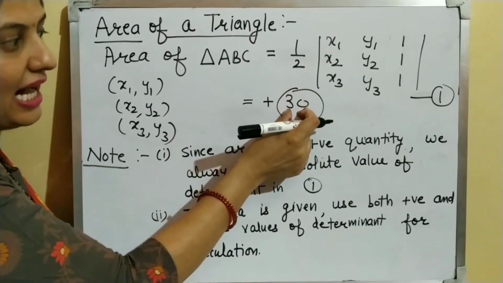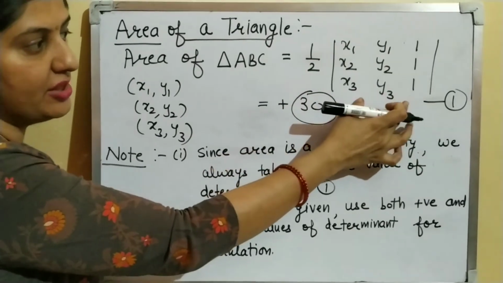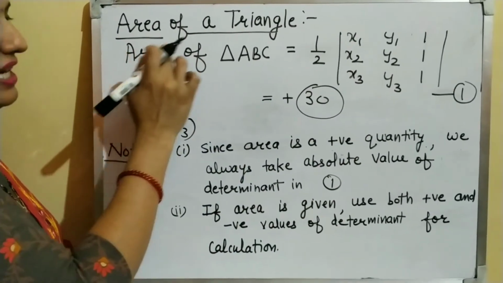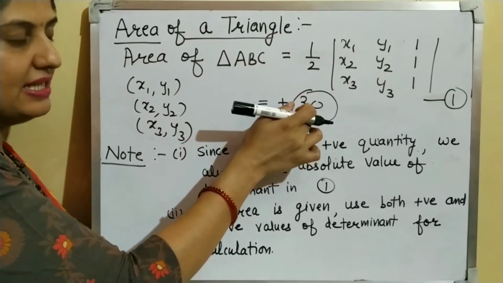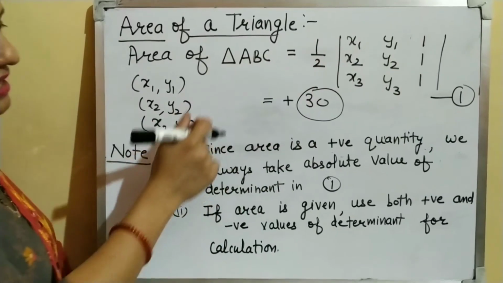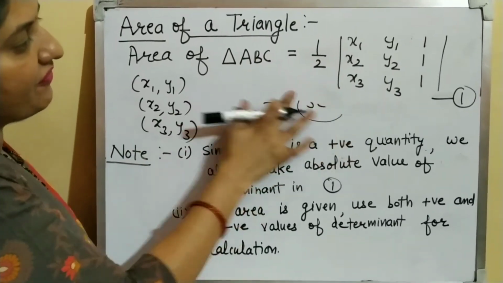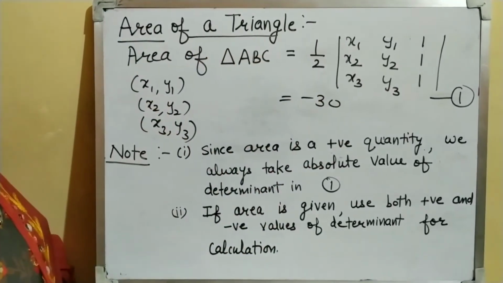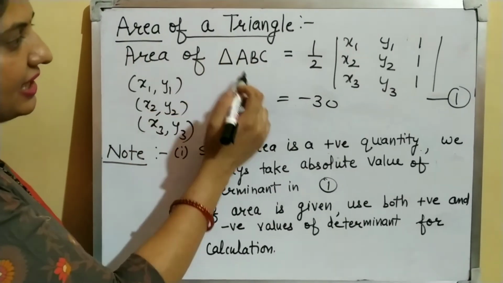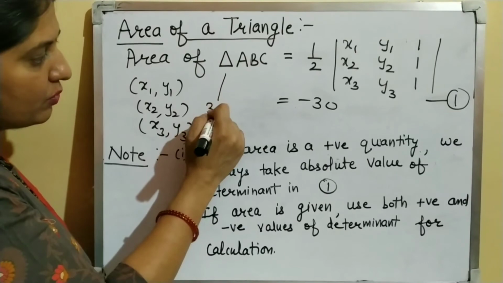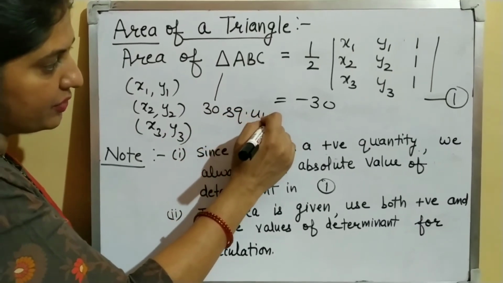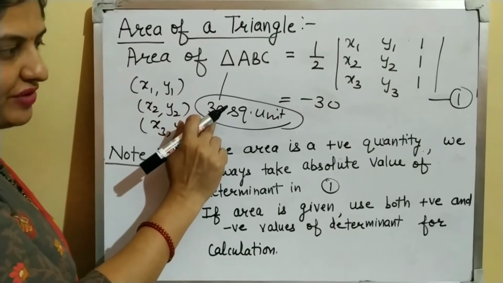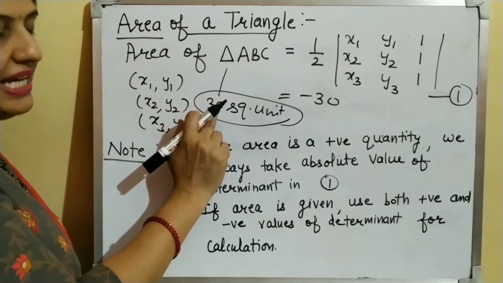We have to take absolute value of the determinant only for writing the answer of area of triangle ABC. For example, suppose if the value of the determinant is equal to minus 30, then area of the triangle ABC is equal to 30 square unit. Means you have to take absolute value only.